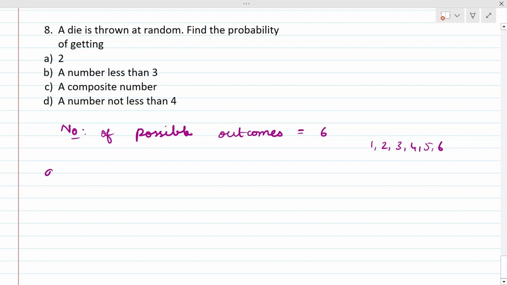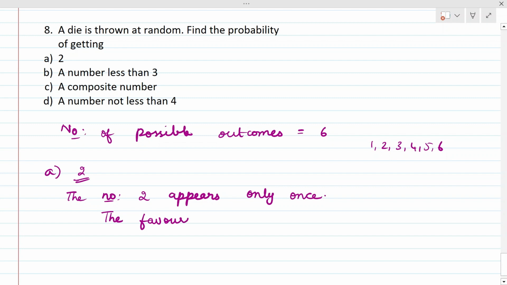So the first subdivision is getting a 2. The number 2 appears only once in a die, right? It will not appear 2 times, 3 times and so on. Therefore, our favorable outcome is only one.